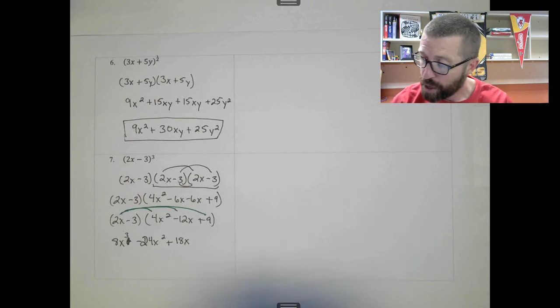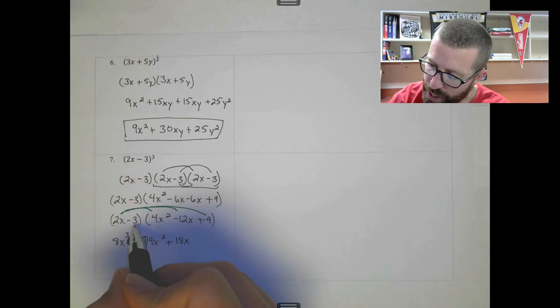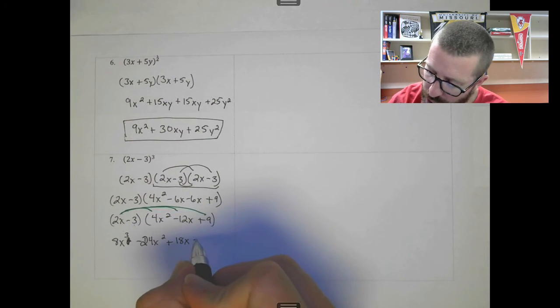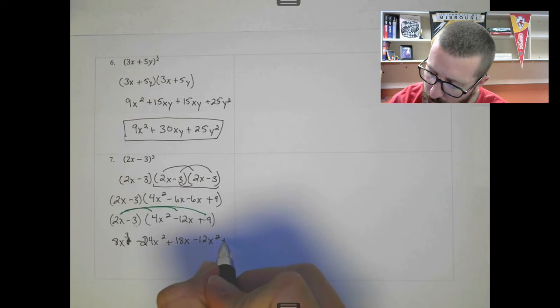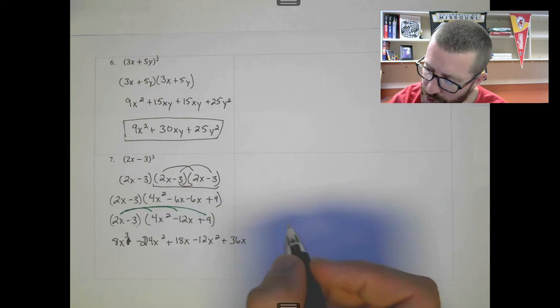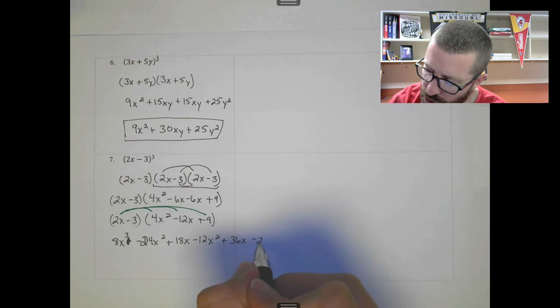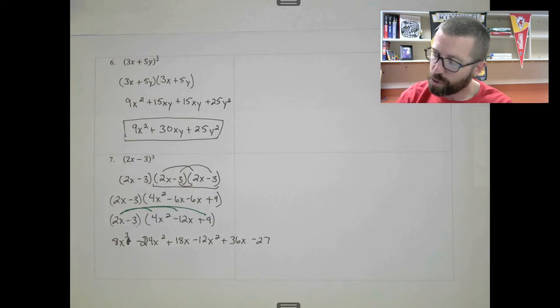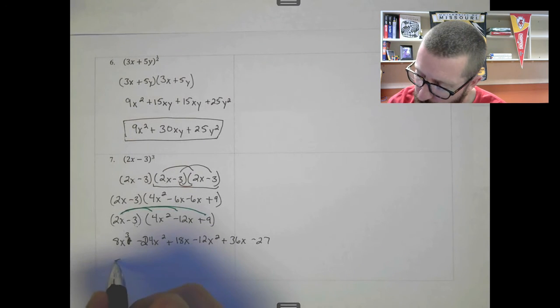Okay, so that's pretty good. And then keep going. Negative 3 times 4 is negative 12x squared. And then plus 36x, negative 3 times negative 12, and then minus 27. And then go through and just combine like terms. So we have 8x cubed, negative 24, negative 12.